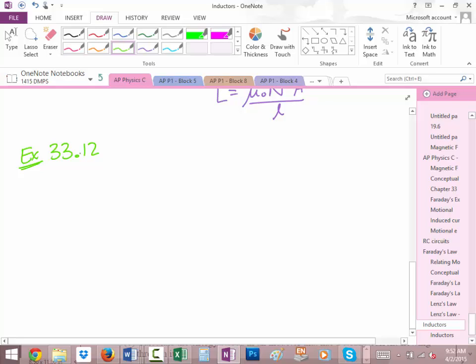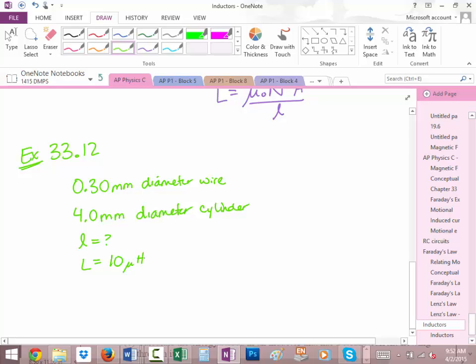An inductor is made by tightly wrapping 0.30 millimeter diameter wire around a 4.0 millimeter diameter cylinder. Okay. We want to know the length of the cylinder that has an inductance of 10 microhenries.